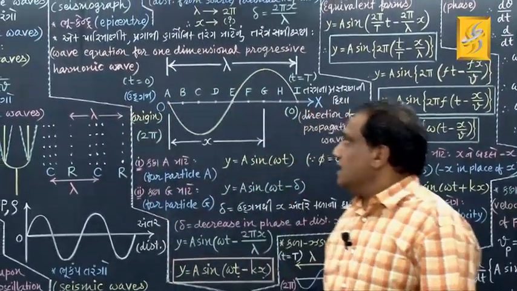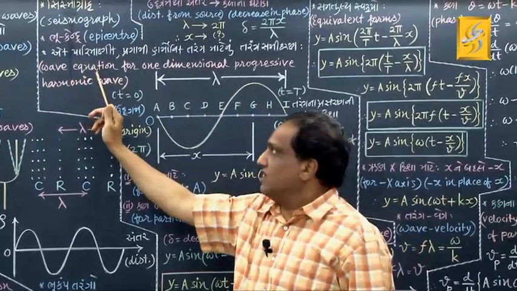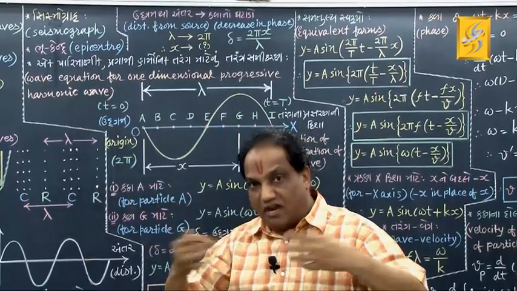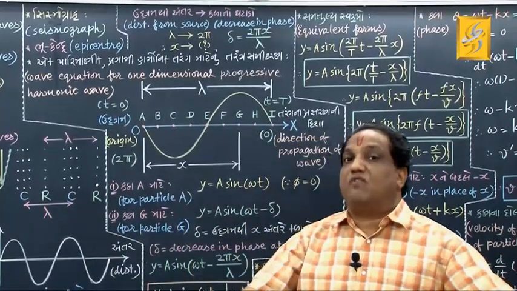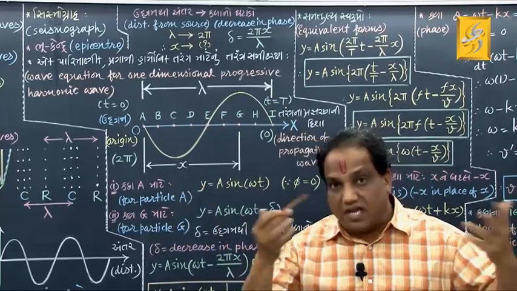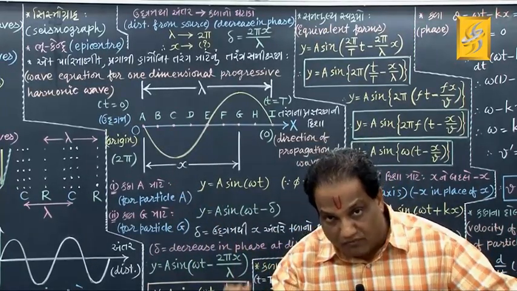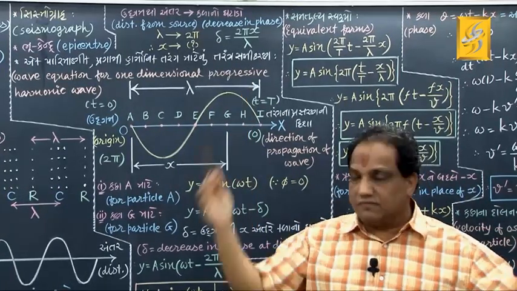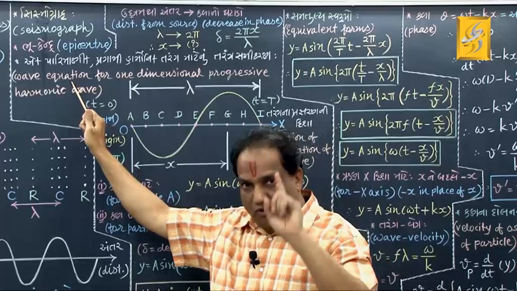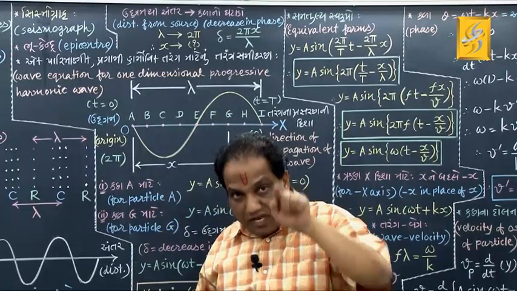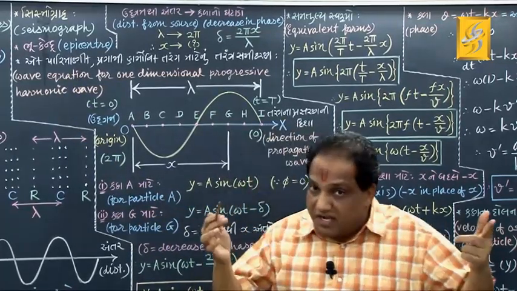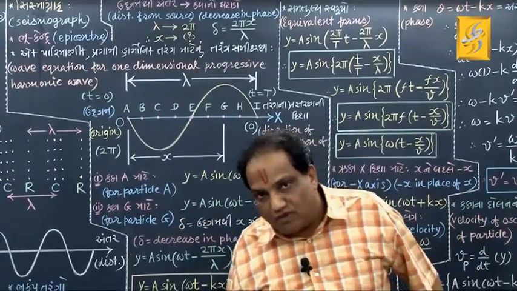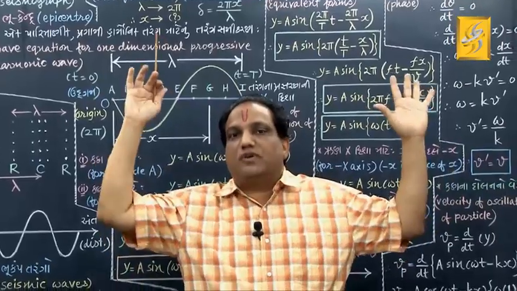Now what do you mean by wave equation? An equation with the help of which we can find out displacements of different particles at different times taking part in the process of propagation of wave is called a wave equation.